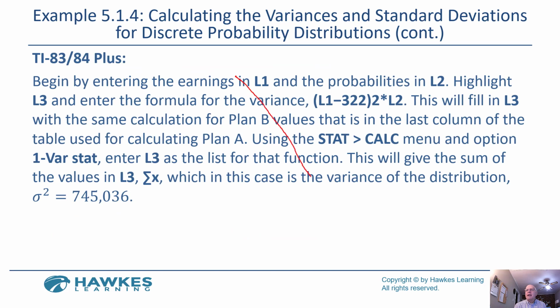Do not pay attention to this. What I told you about how to find the expected value is the accepted way to do it. Don't bother with this. Get the standard deviation and square it. That is much easier, and you're much less likely to make a mistake.